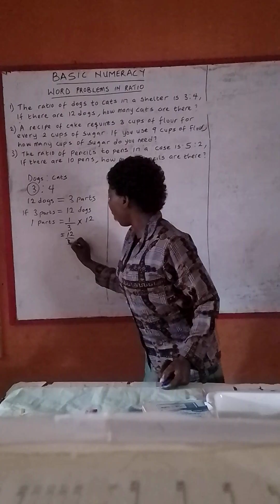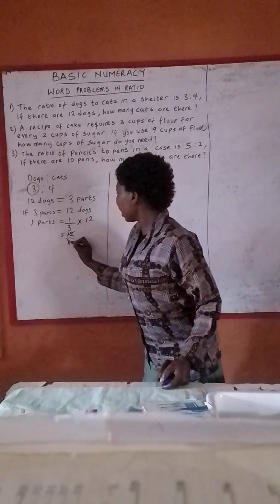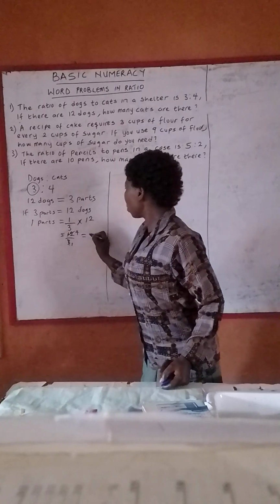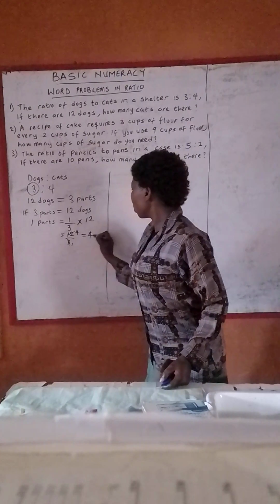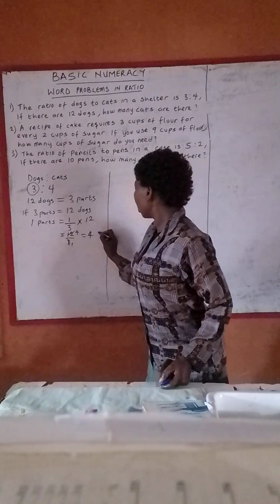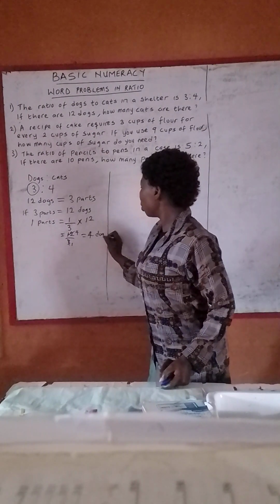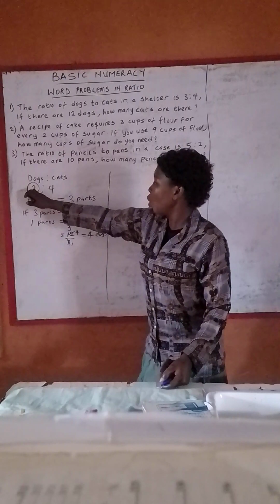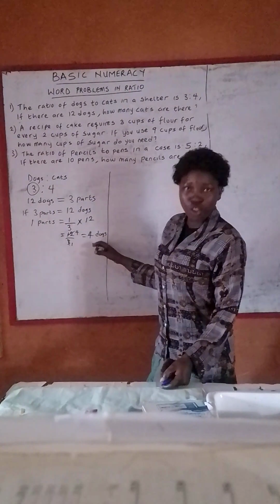How many 3 can we see in 12? 3 can divide 12 in 4 places. So this will be 4 dogs. It shows that 1 part of this ratio is giving 4 dogs.